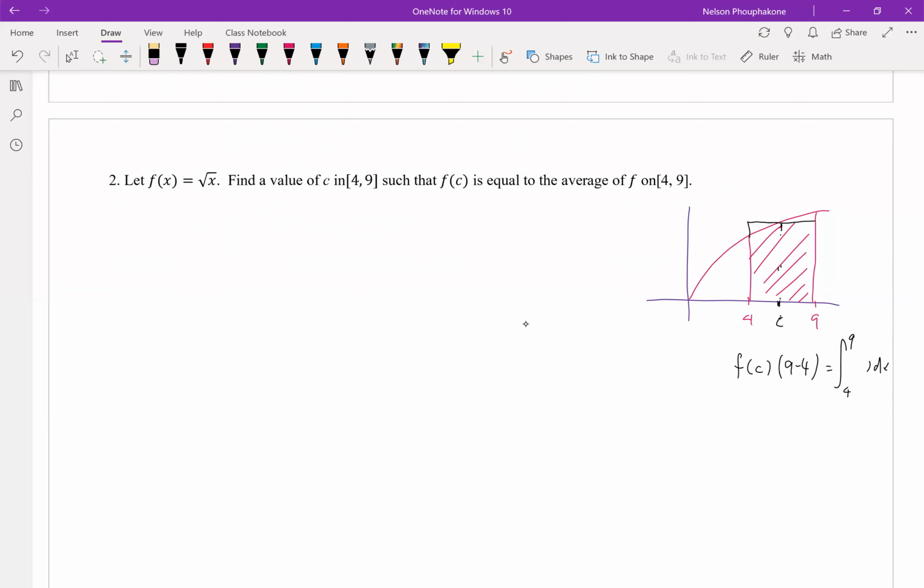To be exact, it will be square root of x dx. So this is exactly what we want to do in this case right here.